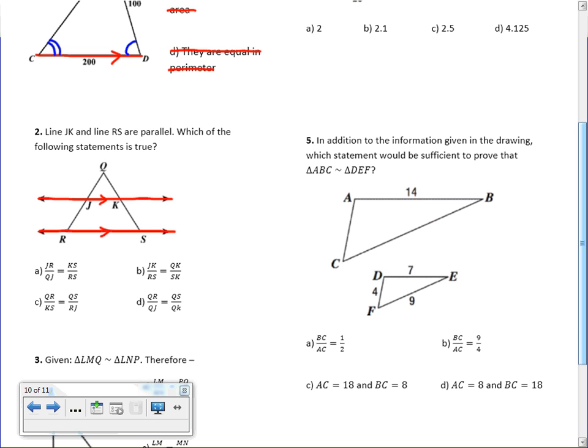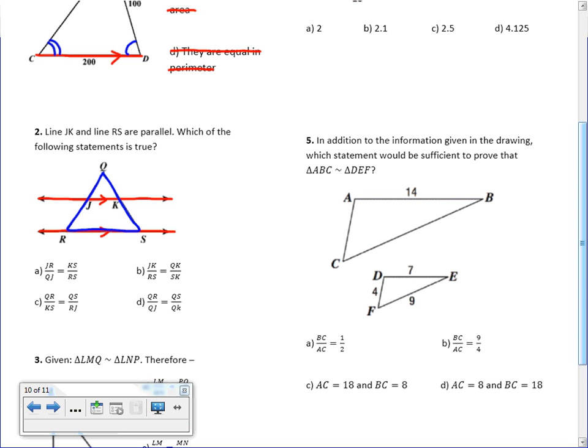Good to know. Which of the following statements is true? I think I said this in a lot of the classes, that if you have parallel lines running through a triangle, then I know certain things. Let's see what they're looking for.